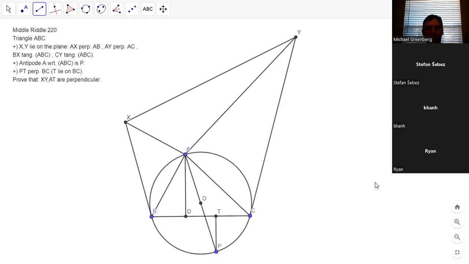So yeah, now that we have these similarities, I don't think computing AX and AY, like one squared minus the other squared, is that bad. I just don't know how to do it for T. So how would we do TX squared minus TY squared?